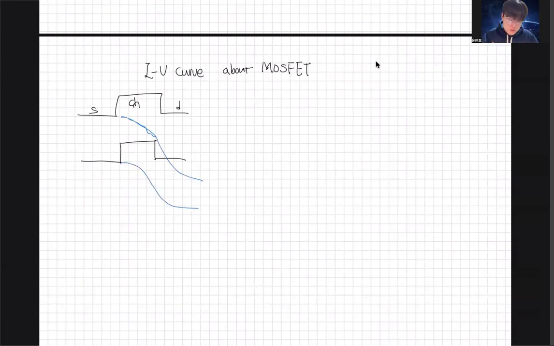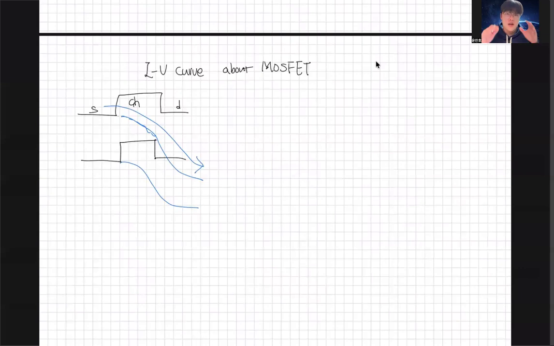So the current can flow from source to drain, and the IV curve will be drawn like this.